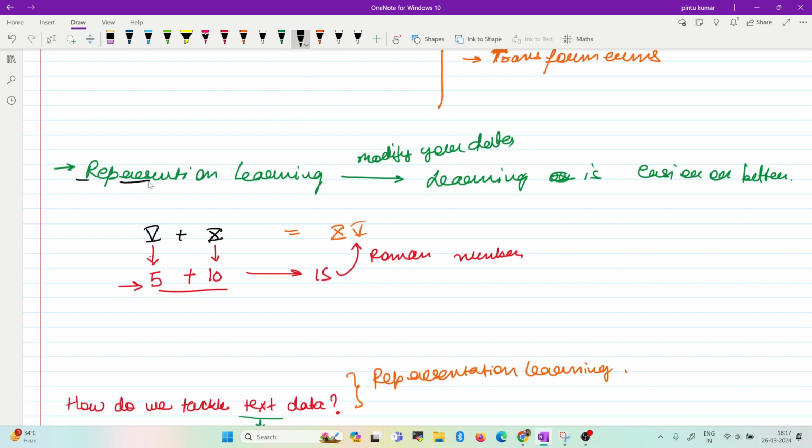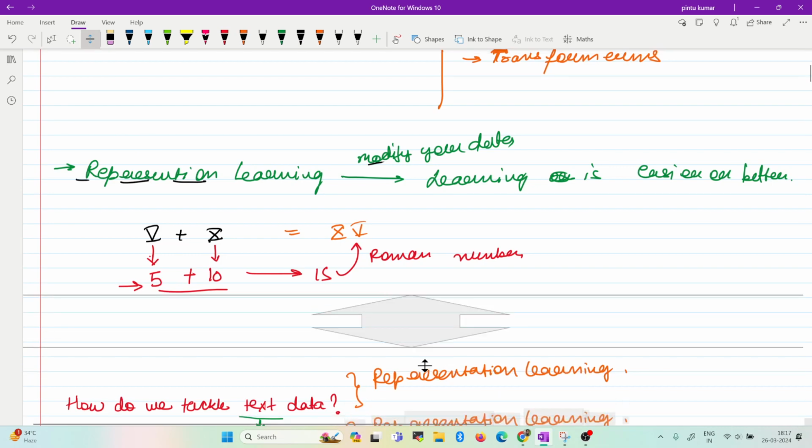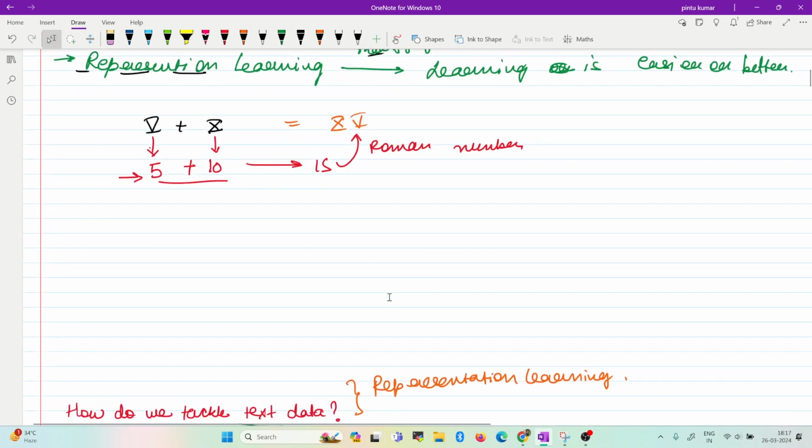This is the simple point I wanted to make. In representation learning, the whole point is to find better representations, or to modify your data in such a form that your learning tasks become easier or better. Now let's come to the domain of words or text that we are going to discuss today.